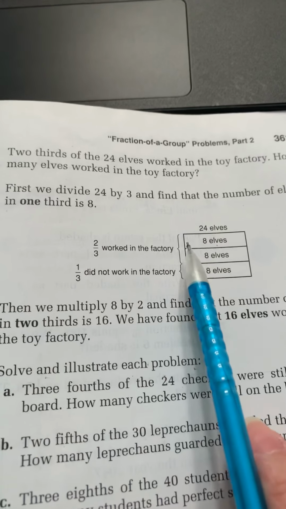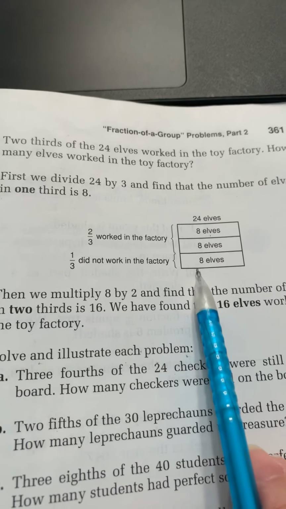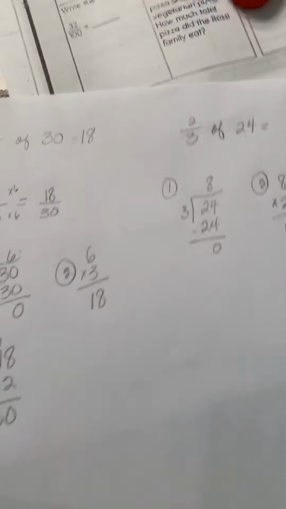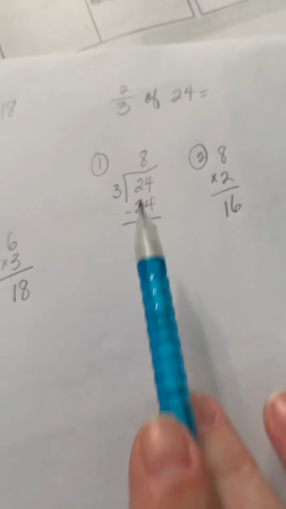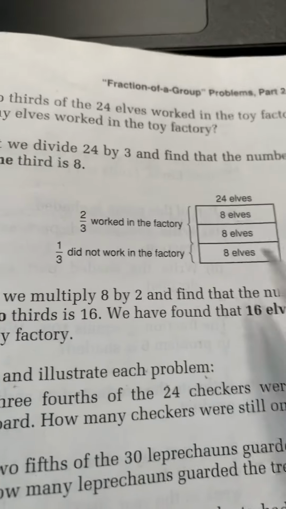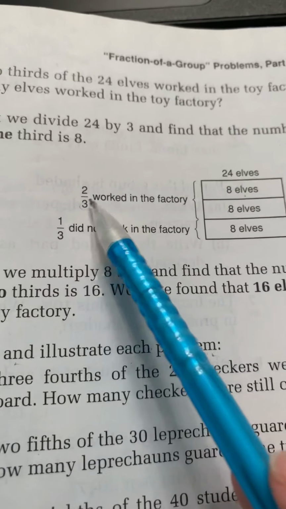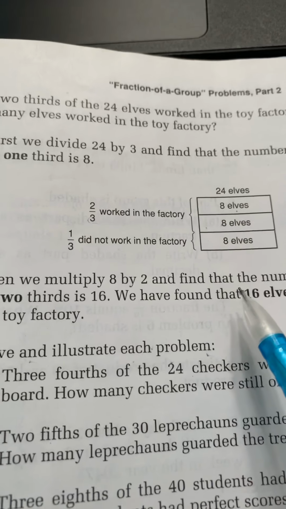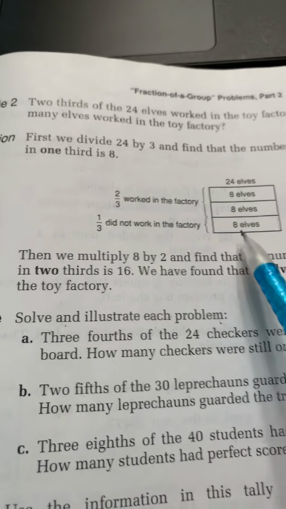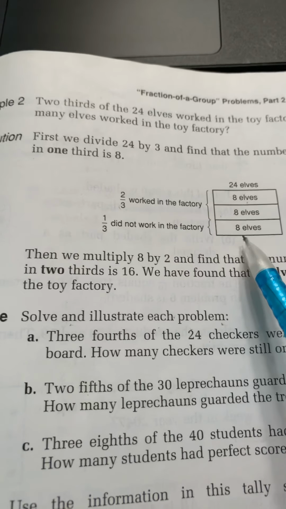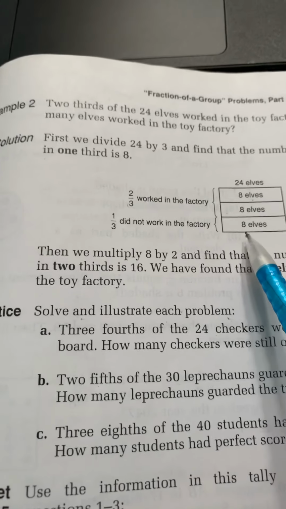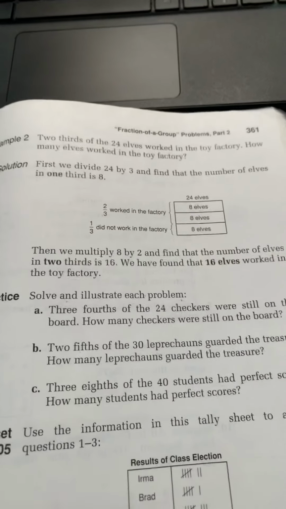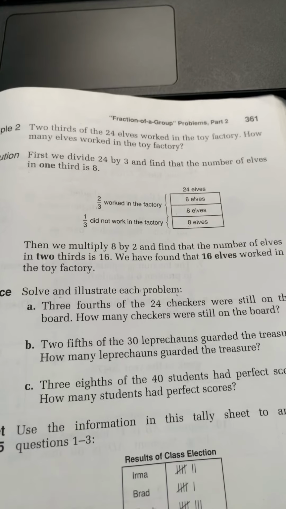And so if you'll look right here, you see they divided it into the 3 groups like we've been doing. 8 in each group, which is what we got here. And then we multiply the 8 times 2 because there were 2 groups that worked in the factory, and that is 16. And then what's left in the other elves, the 1/3 that didn't work in the factory, there's just 1 group of 8. So hopefully that makes sense.